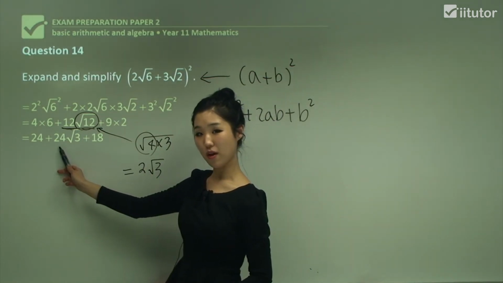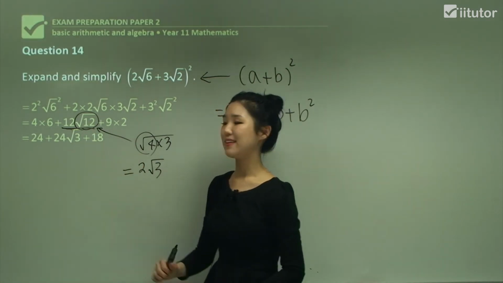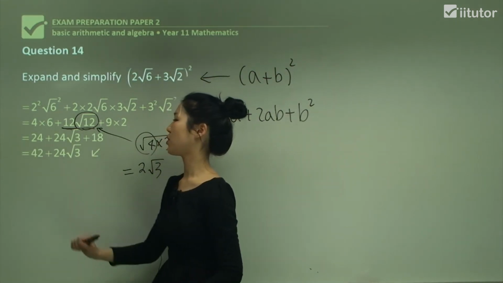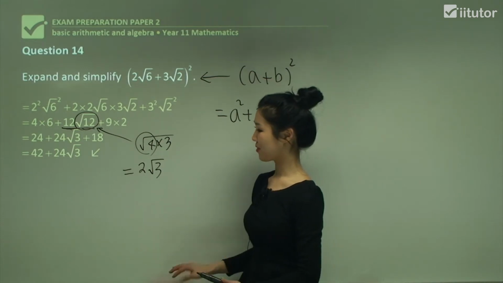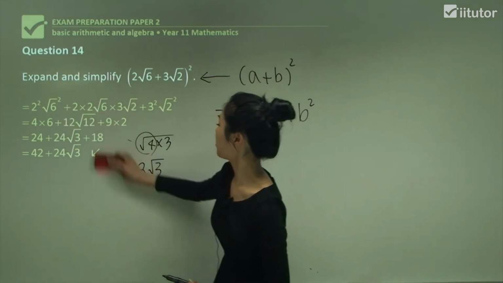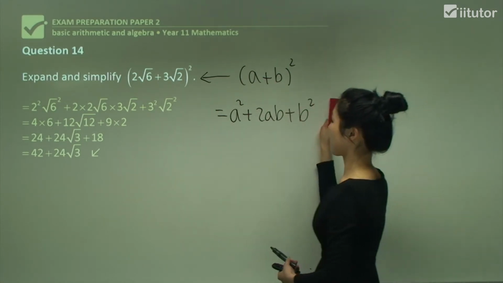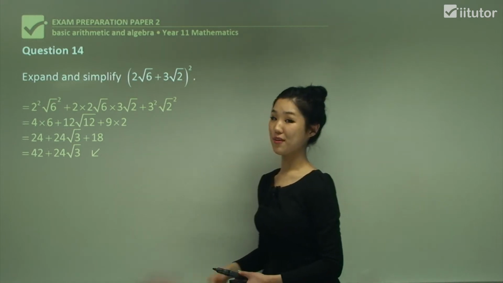That's how I get that one, right? And root 3. And then we know that 9 times 2 is 18. Gather the like terms. 24 plus 18 is 42. So 42 plus 24 root 3. Take a look at that one. Just remember this stuff, so you don't have to do lots of working out. That's question 14.